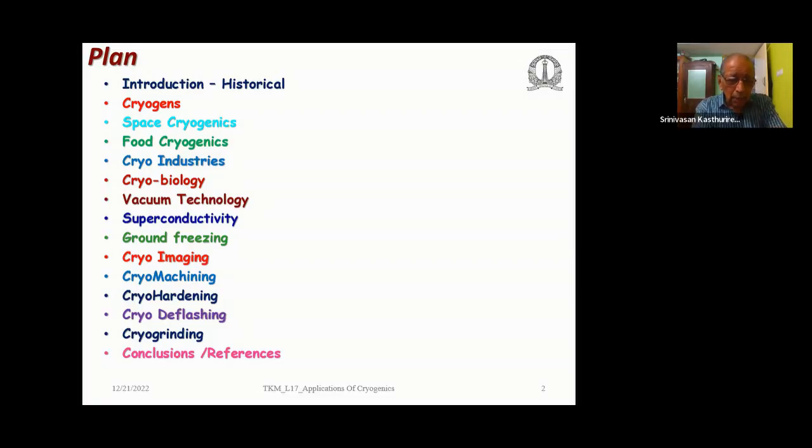Once it is converted, it becomes a very useful material, very tough, with a long life. Then cryogenic deflashing for rubber products, that means removal of the flashes of the rubber components.